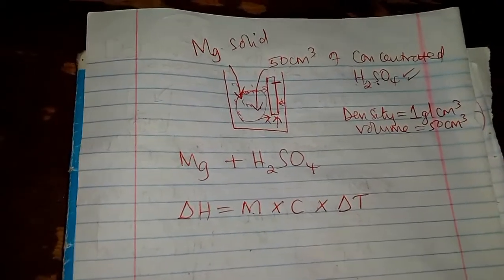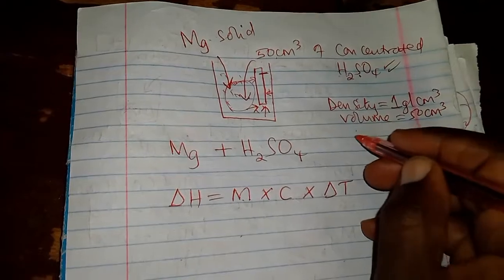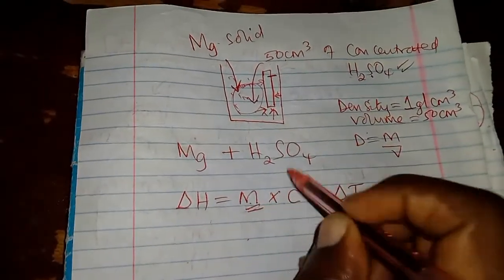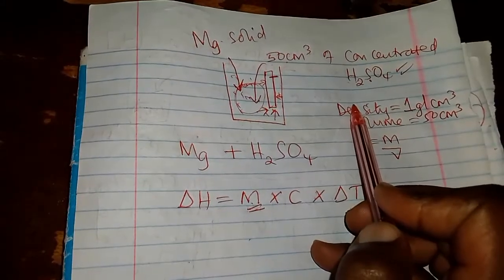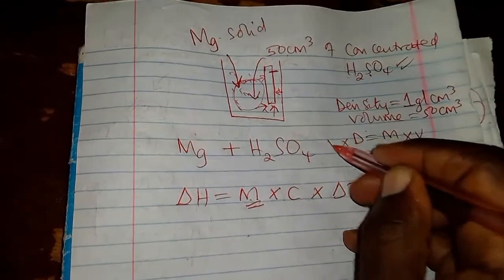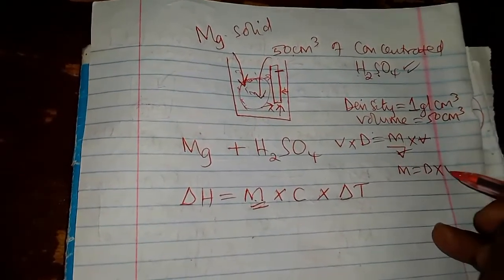Then what do we expect here? Density is equal to mass over volume, because we want the mass, and the volume and the density will give us the mass. So I'll multiply both sides by V, and this and this will disappear. So mass is equal to density times volume.